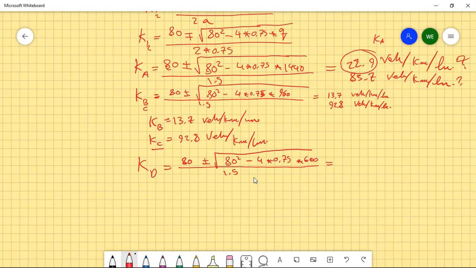Sorry. 8.11 vehicle per kilometer per lane, and 98.5. 98.5.